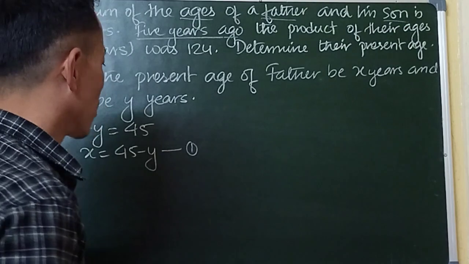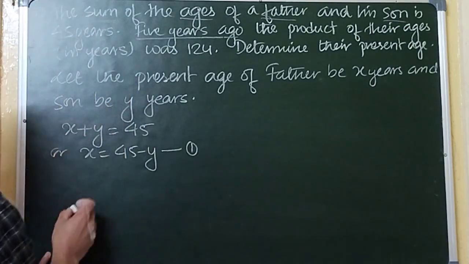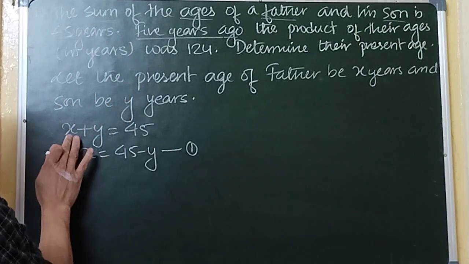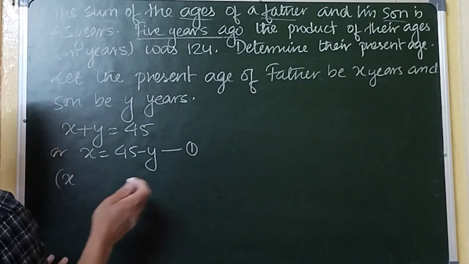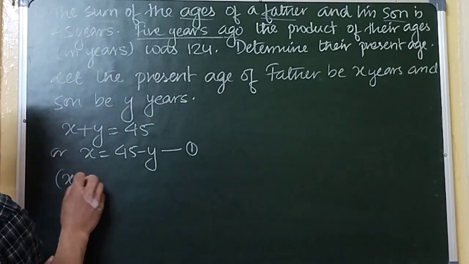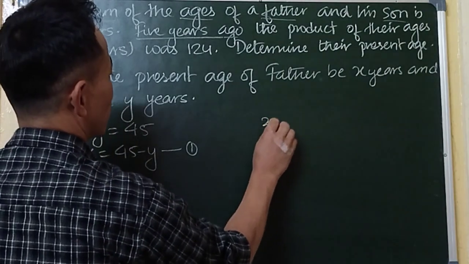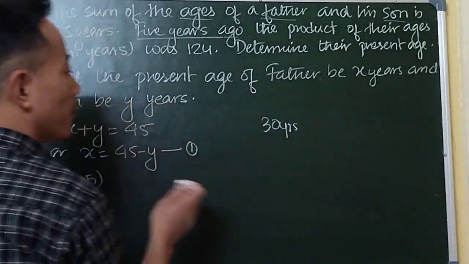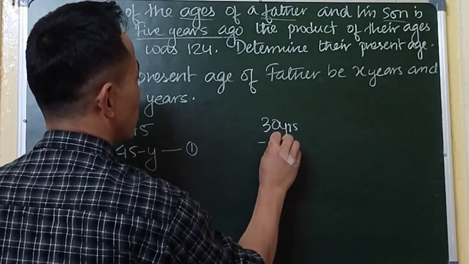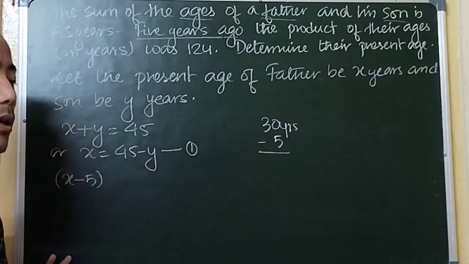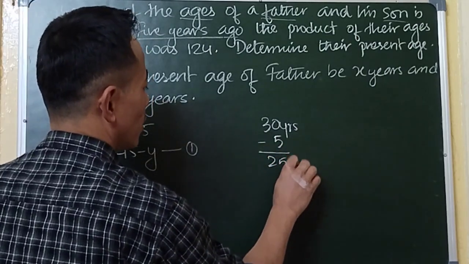So 5 years ago, what will be the age of the father? If x is the present age, then 5 years ago, meaning before, it will become x minus 5. For example, if x is 30 years, then 5 years ago you have to subtract this 5 and you will get 25.